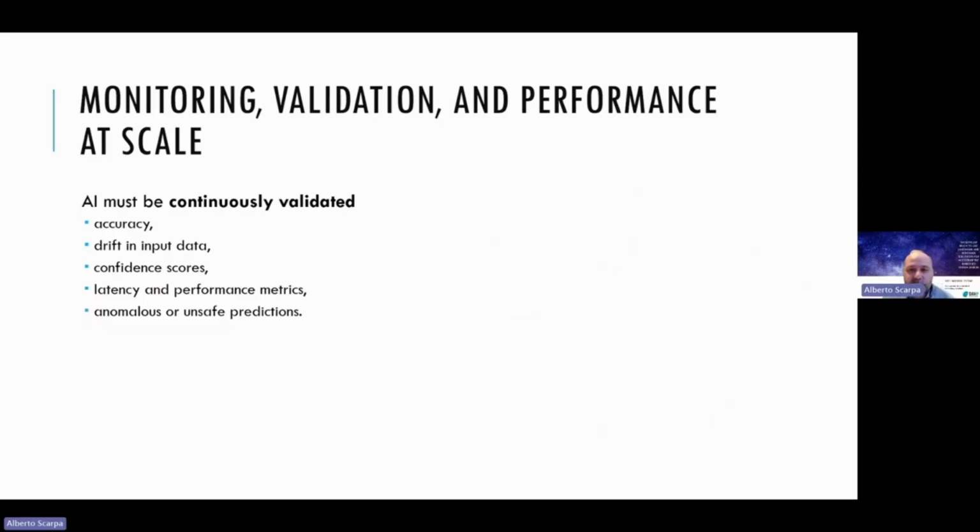Once deployed, an AI must be continuously validated and monitored, to track the drift of the model and the confidence score, for example, and have insight into how the AI model is performing in the field.